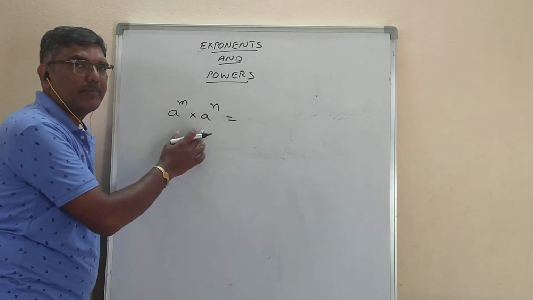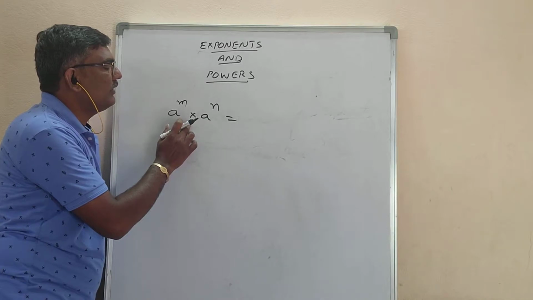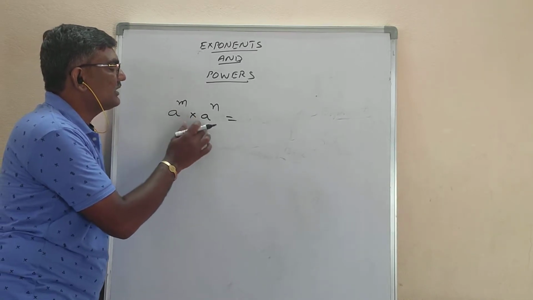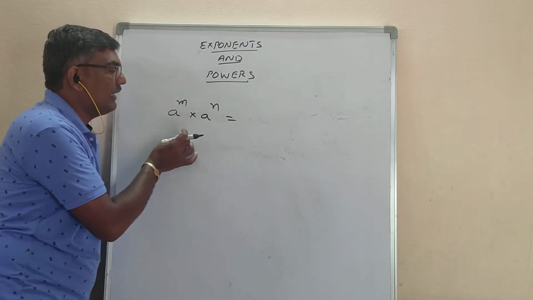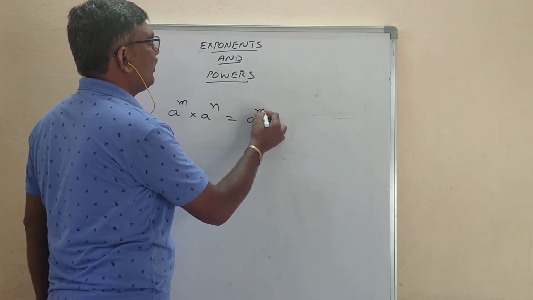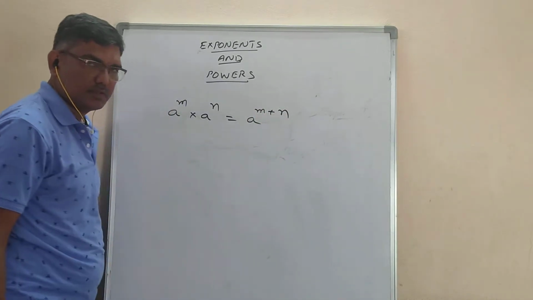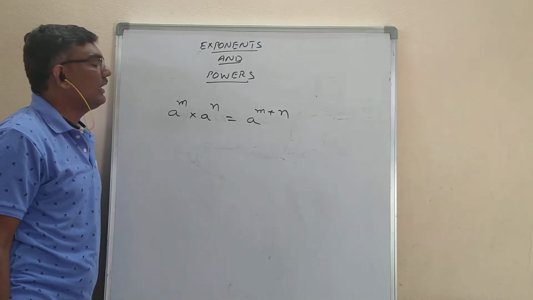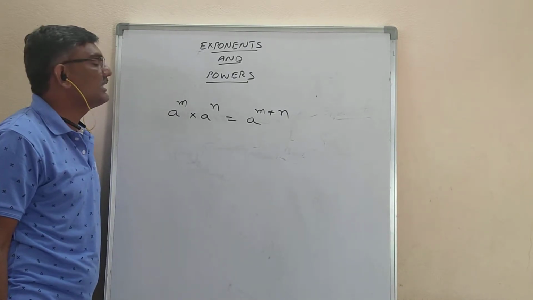Bases are same, and you are doing multiplication. If bases are same and you are multiplying, then you have to write the base one time and add the powers. So the formula for a power m into a power n is a to the power of m plus n.